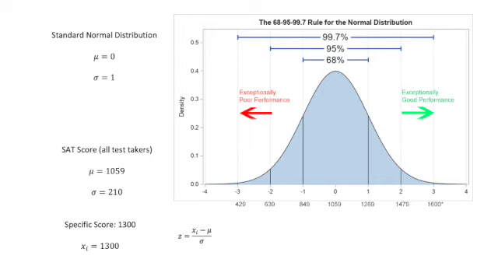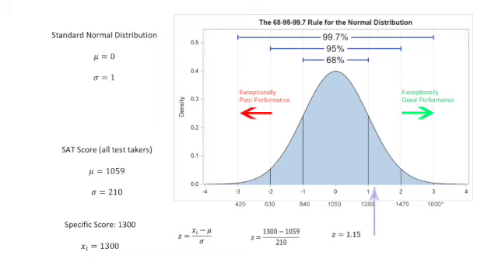So let's look at 1300. We can calculate the z-score for 1300 by subtracting 1059 from 1300. If we do that, we get 241. We divide 241 by 210, and that gives us a z-score of 1.15.